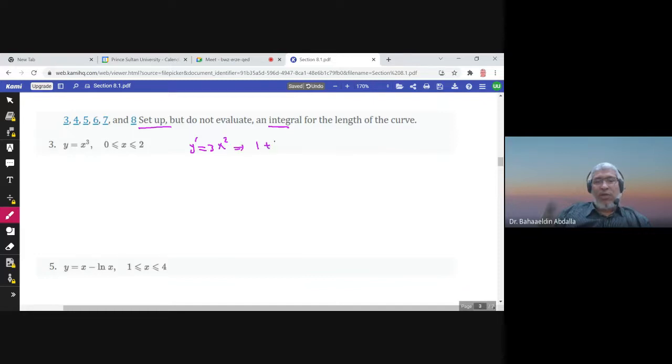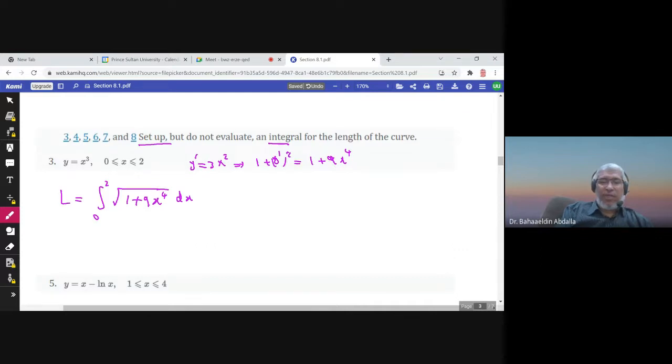Then I need 1 plus y prime squared, and this would be 1 plus 9x to the power 4. So L would be the integral from 0 to 2 of the square root of 1 plus y prime squared, which is 1 plus 9x to the power 4, dx, and that's the formula. That's the arc length.